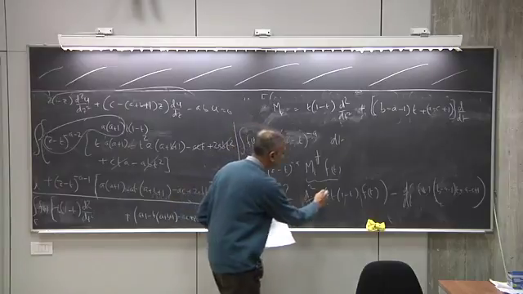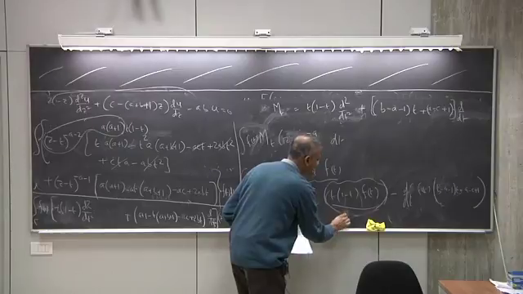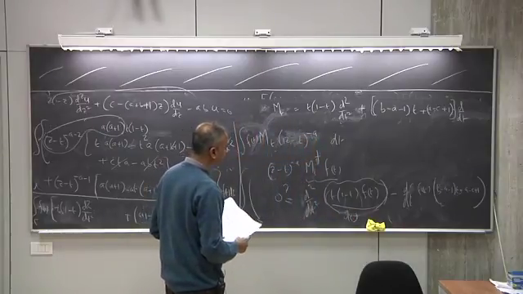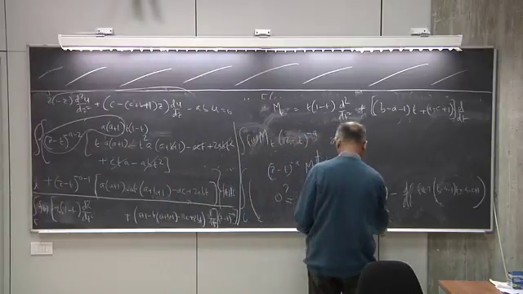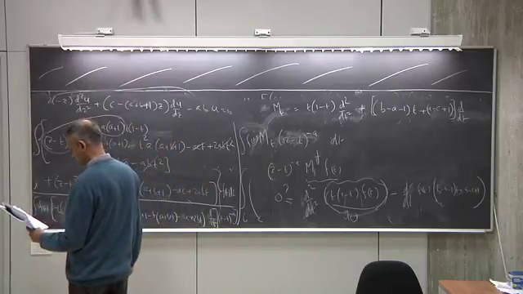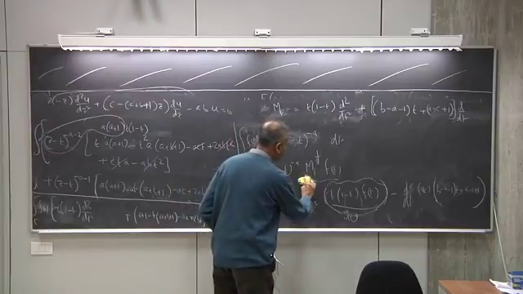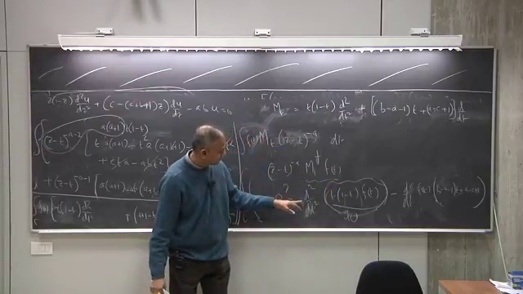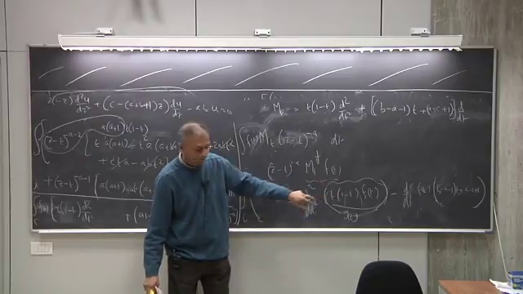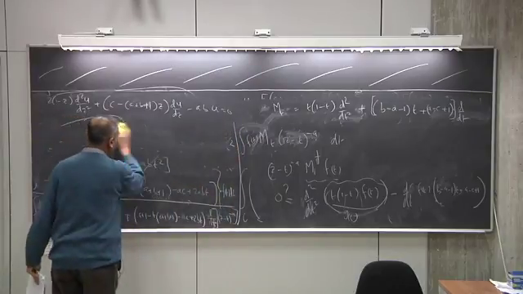Let's just call this whole thing G of t. Then we have a very simple equation. Even before doing this, we can already integrate one step because of the total derivative terms. There's one d by dt outside both terms, so I can immediately integrate.